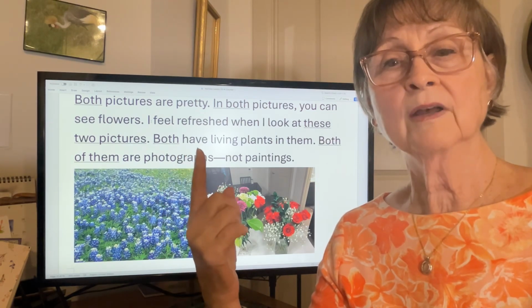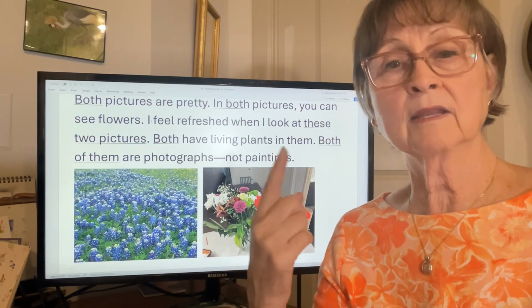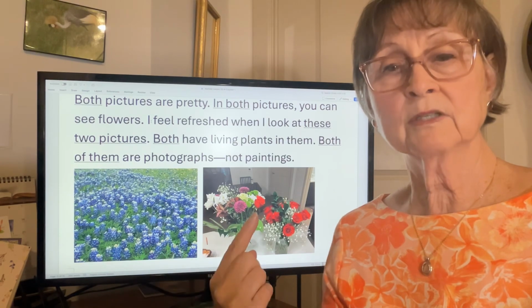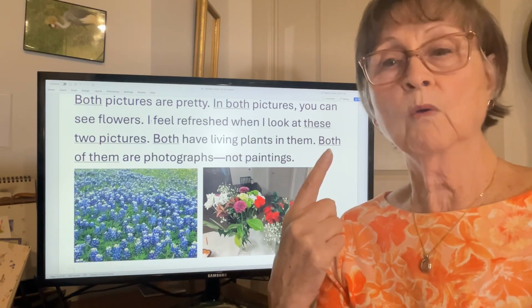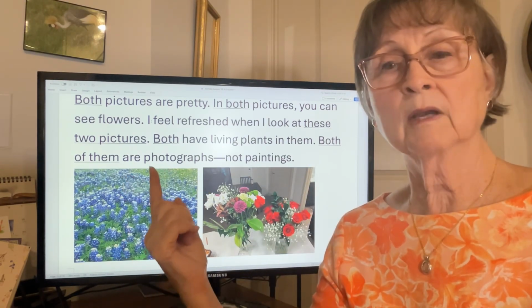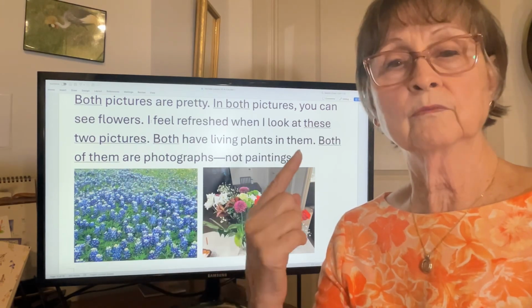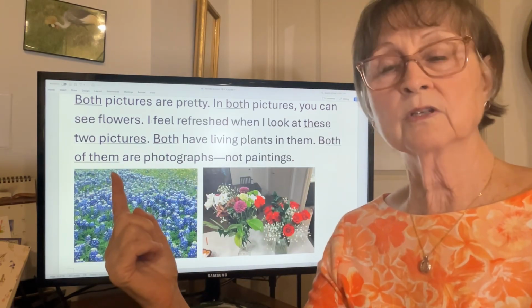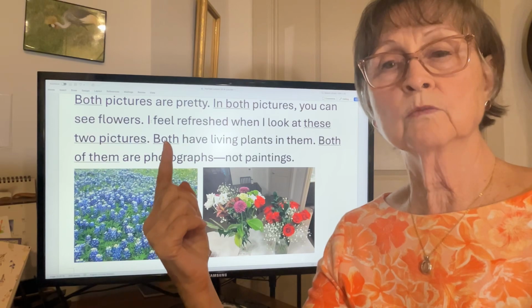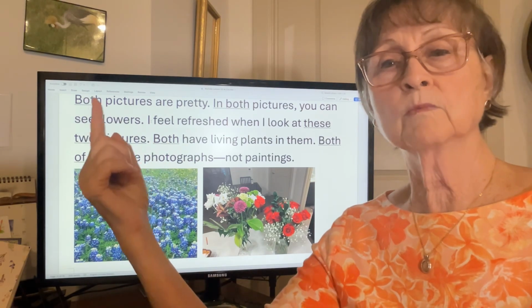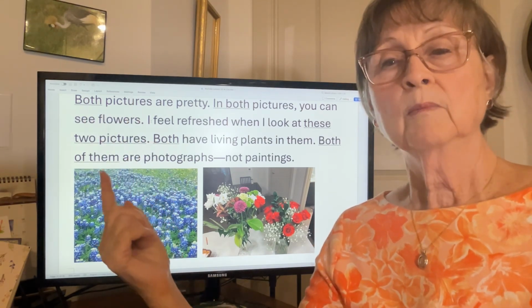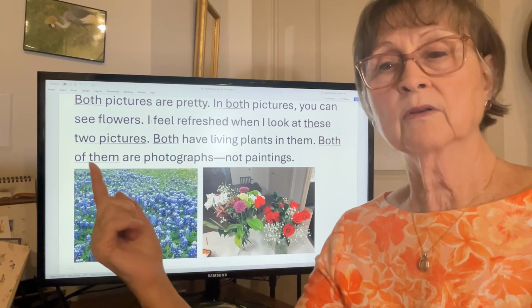Both have living plants in them. Both of them, this time I used both of them as the subject, whereas here I just used both, and up here I used both pictures, but I say something about them together.